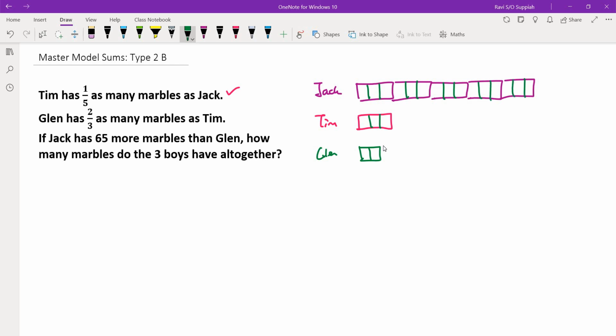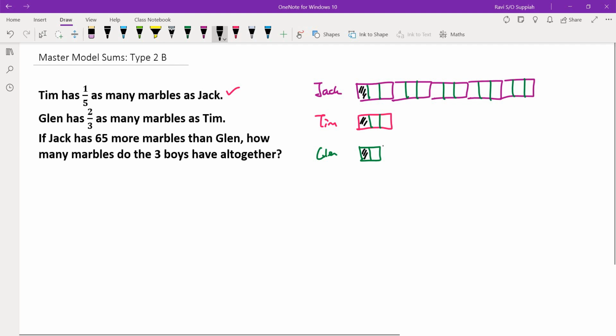Now that we have done this, each single block of Jack, Tim and Glenn is of the same dimension, the smallest piece, so we can now count them and compare them.